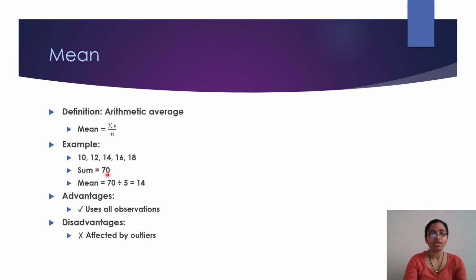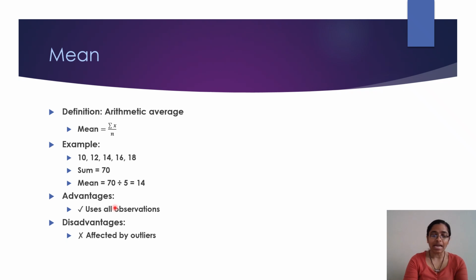To calculate the mean, we take the sum of all these observations: 10 plus 12 plus 14 plus 16 plus 18, and the sum is 70. Then we divide it by the number of observations, which here is 5. So 70 divided by 5 is 14. And that is the mean of this data.